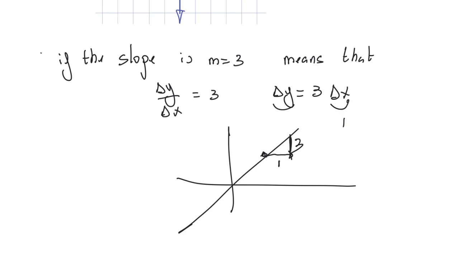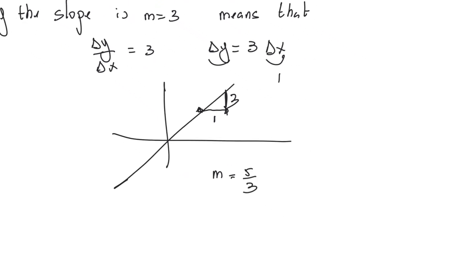So when m is 5/3, this is a point of the rectilinear line, and the line will be like this. You move 3 meters to the right and you go up 5 meters.